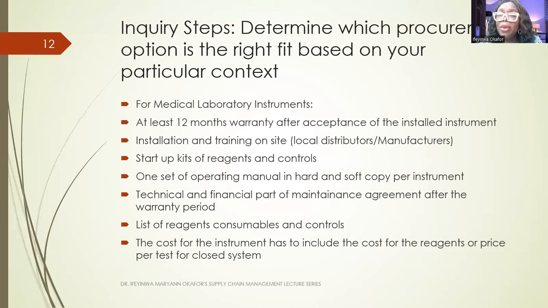For a closed system, where you need to procure the reagent only from the manufacturer of the equipment, you need to agree on the cost of the reagent per test.